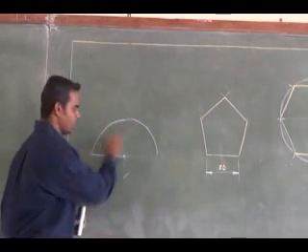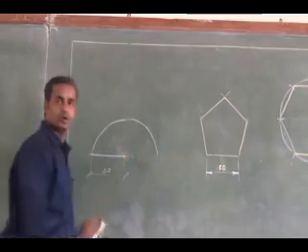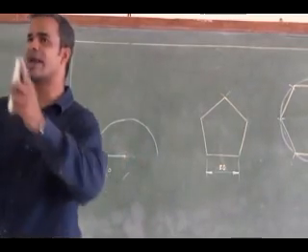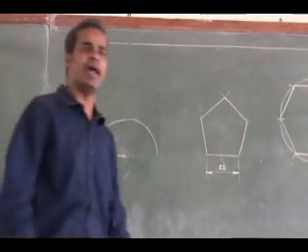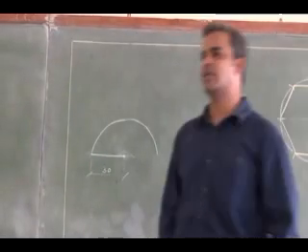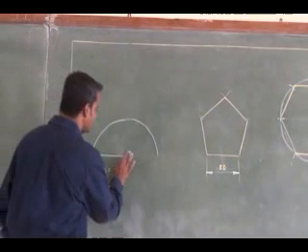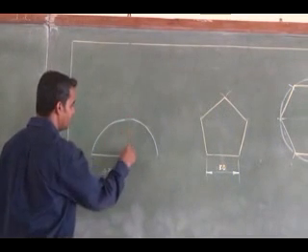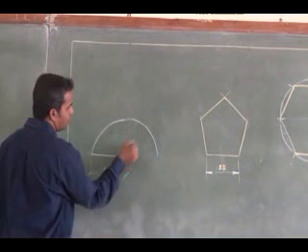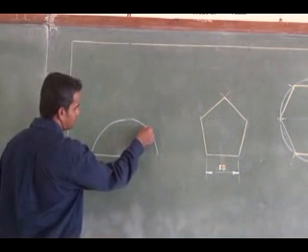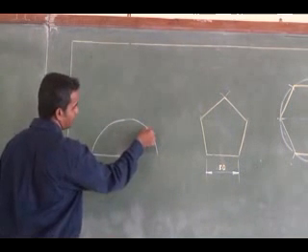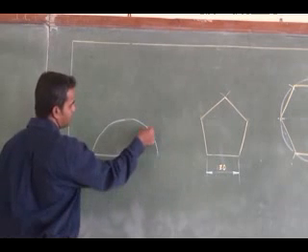So what is this angle? 180 degrees. This 180 degrees you have to divide into 9 equal segments, so 20 degrees each. This is 20 degrees.